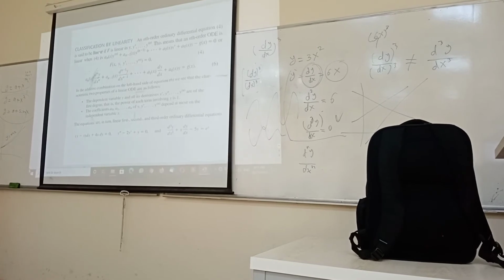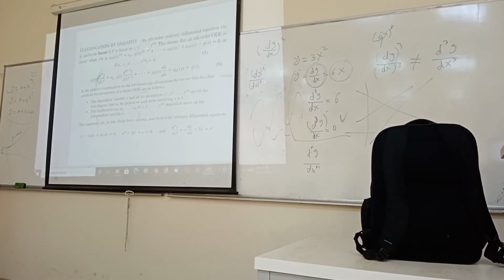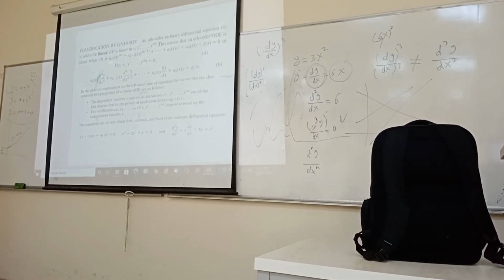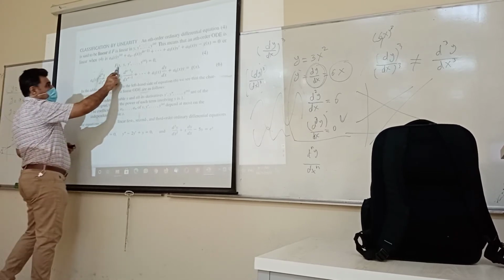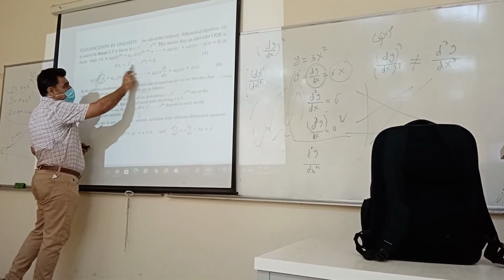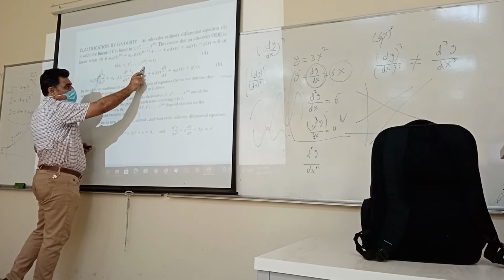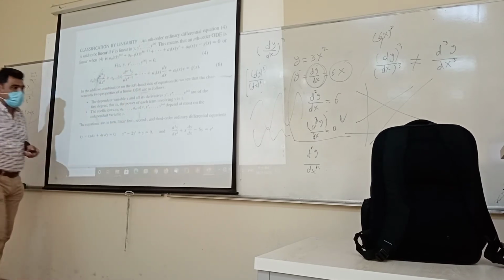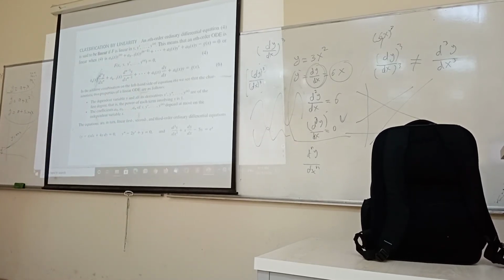This one says an nth order ordinary differential equation is said to be linear if f is linear in y and y, the first derivative, second derivative, continued. This means that whenever the relation is linear in all the cases, this derivative is considered linear.